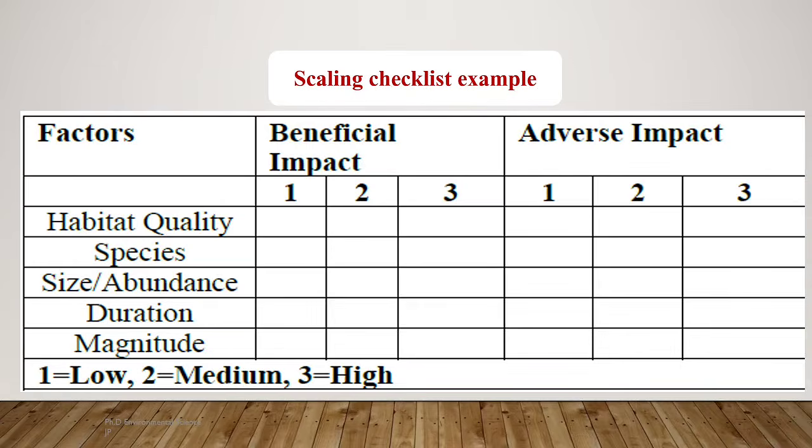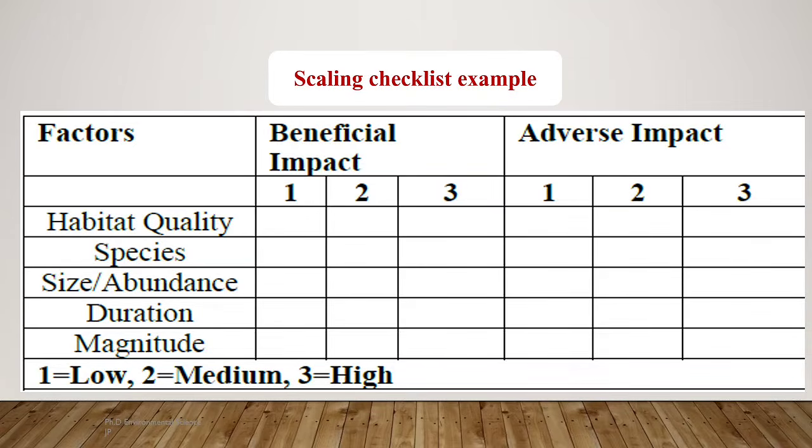If the project improves the habitat quality significantly, you might assign a 3 under the beneficial impact column. Conversely, if the project degrades the habitat, you might assign a 3 under the adverse impact column.